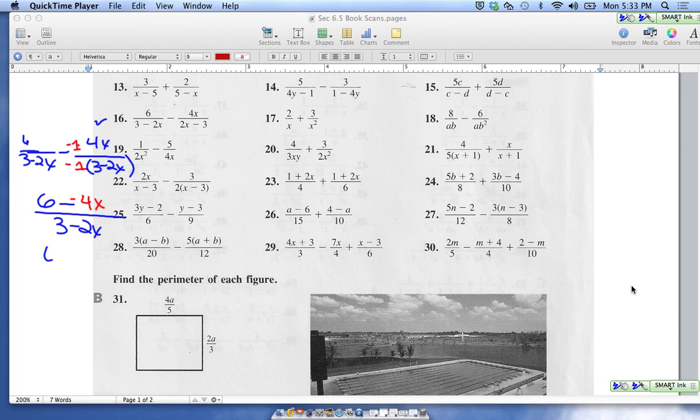So now the problem becomes 6 plus 4x over 3 minus 2x. Now it's not a bad habit to factor the numerator and just see if there's anything common with the denominator. There is not in this problem because they differ by the sign in the middle, and I can't do anything about that. So that becomes my simplified answer for that problem.